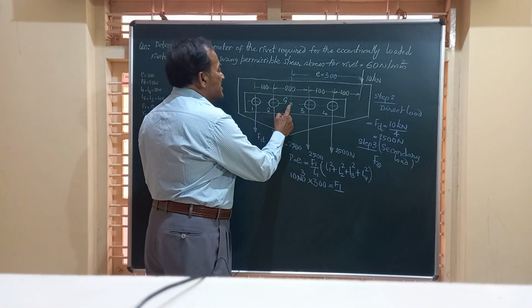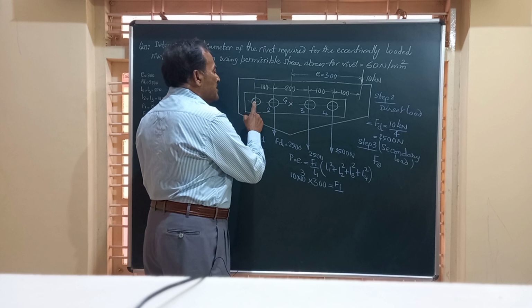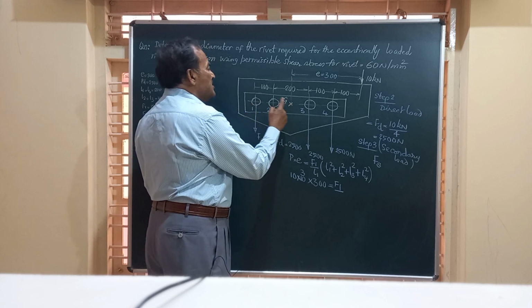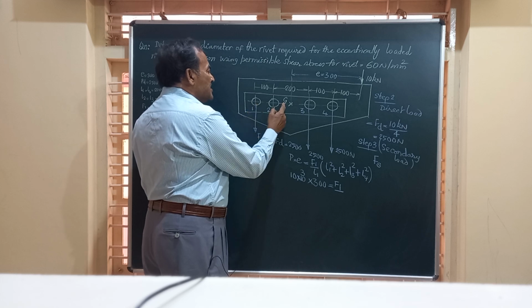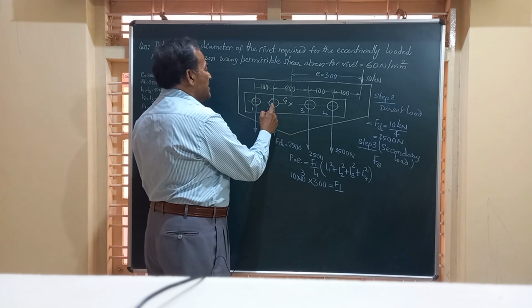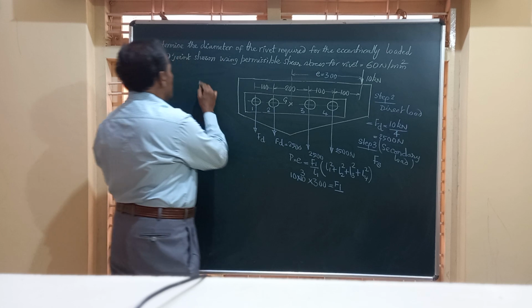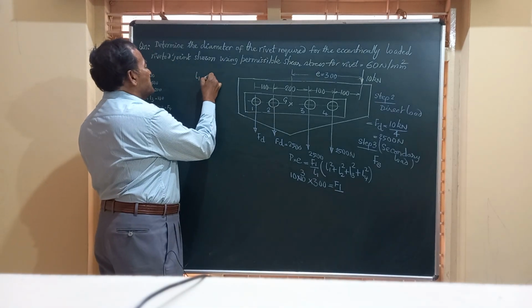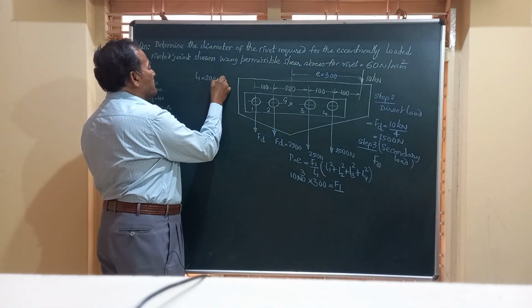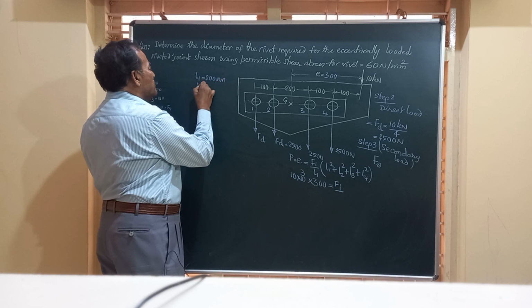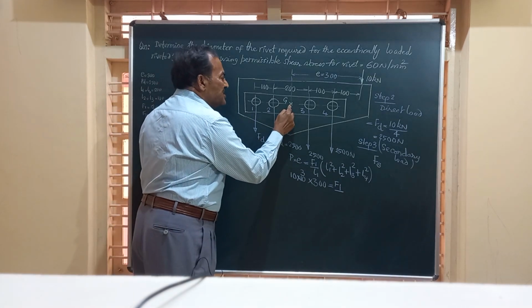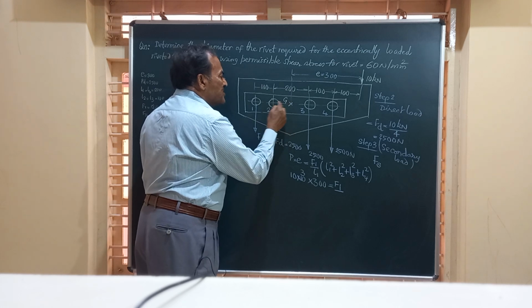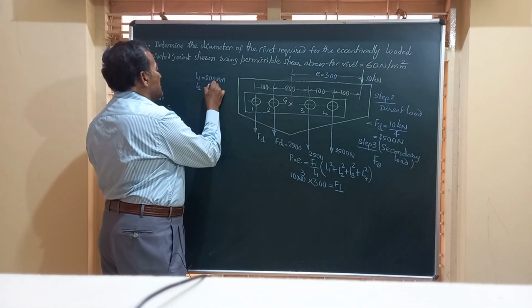L1 is the distance of rivet number 1 from G. So L1 very obviously is 100 plus 100, 200. Write down here L1 is equal to 200 mm. Then L2 is the distance between the center of gravity G and rivet 2, so this is 100.